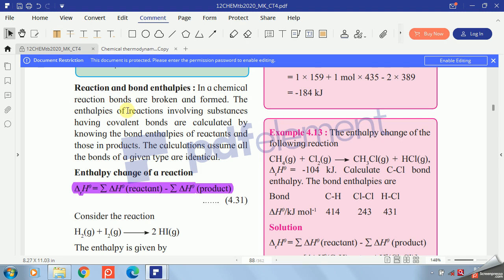But when we consider the enthalpy change of that reaction with respect to bond enthalpy, the formula will be different: summation of bond enthalpy of reactants minus summation of bond enthalpy of products. Okay, remember this.